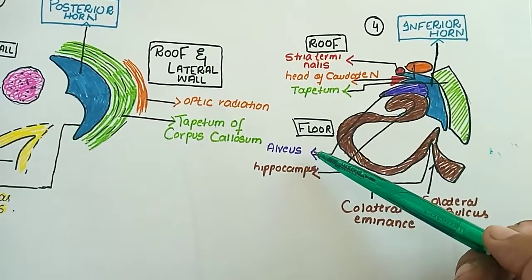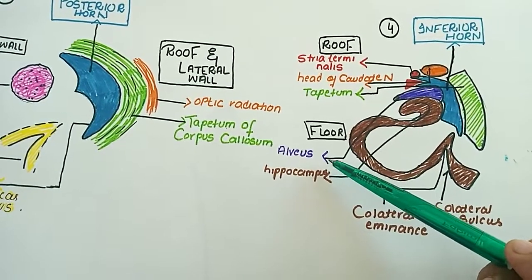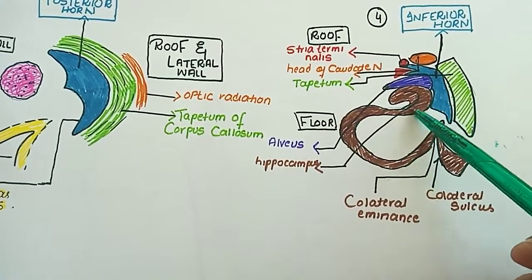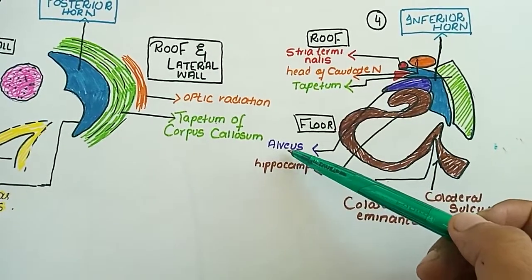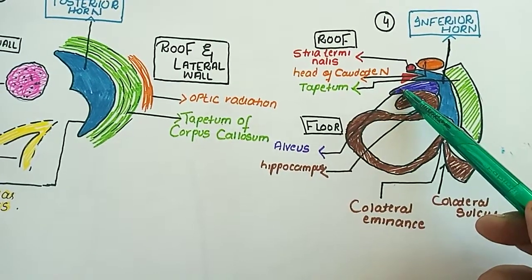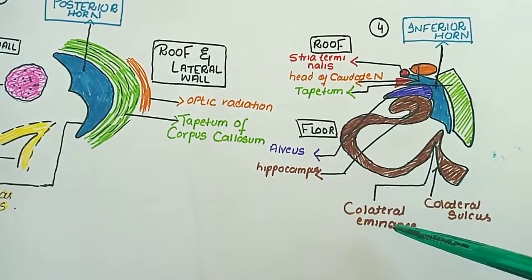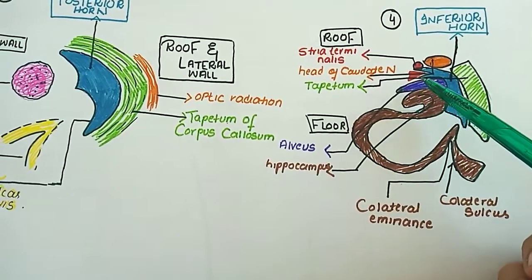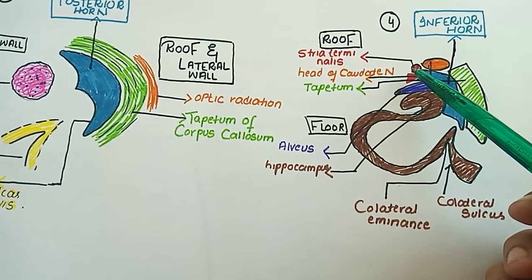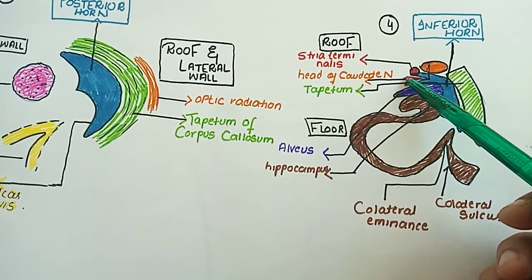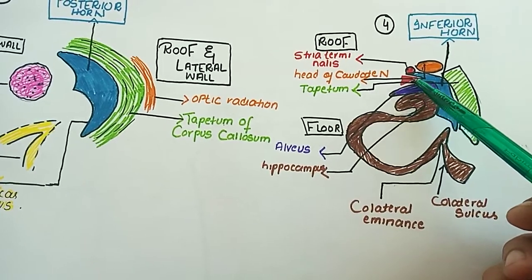The floor of the inferior horn is formed by the hippocampus, which is a structure of gray matter. The hippocampus is covered by a sheet of white matter known as the alveus, and the floor is also formed by the collateral eminence. So between the alveus and the stria terminalis is the choroid plexus of the lateral ventricle inferior horn.